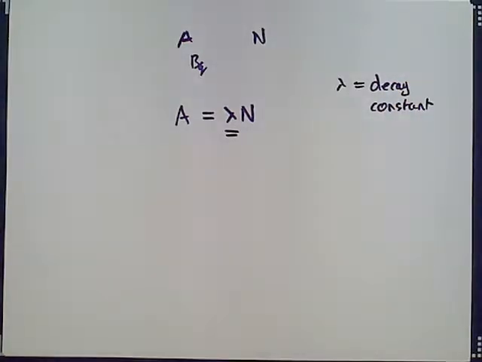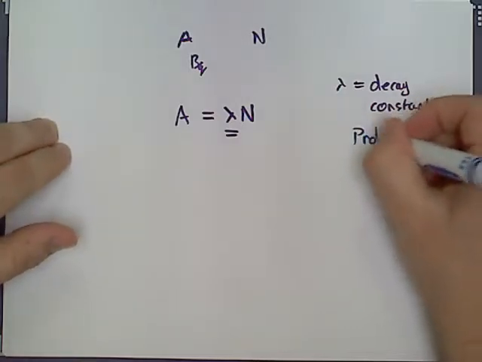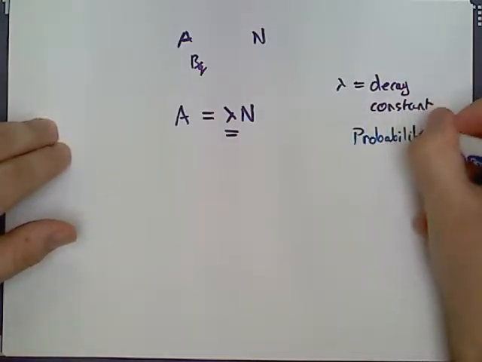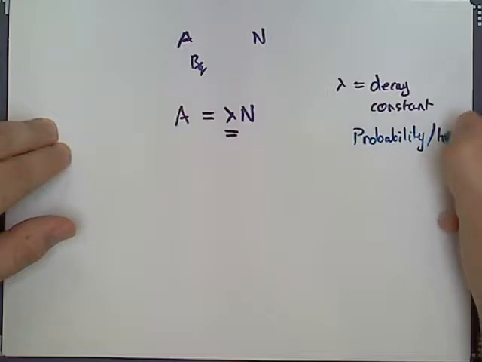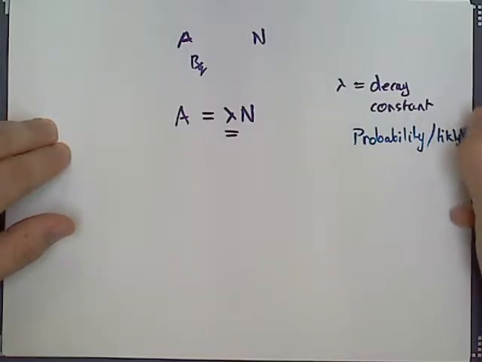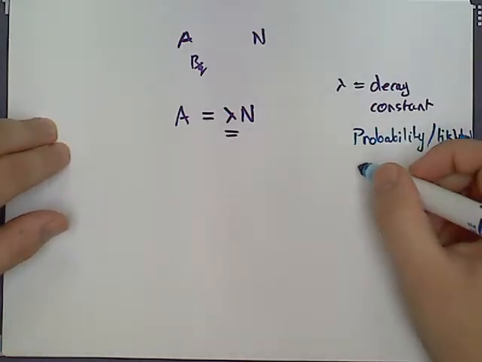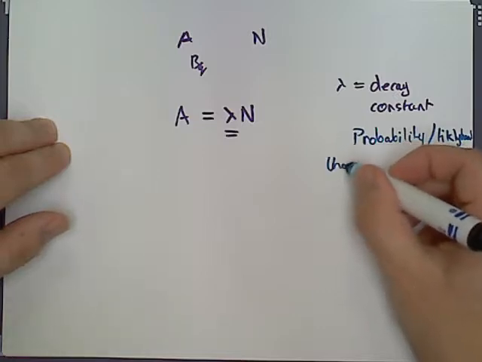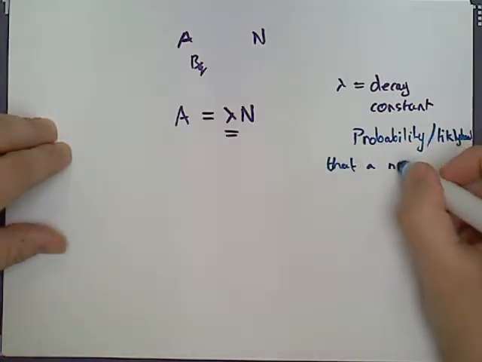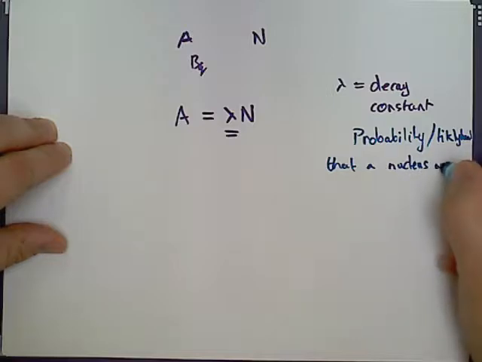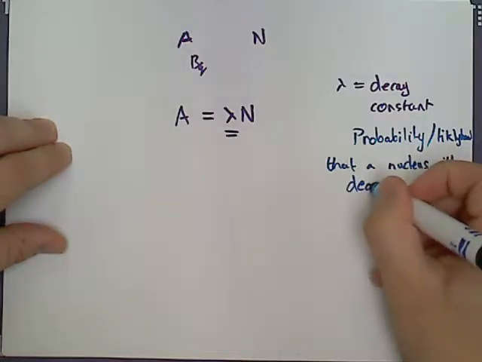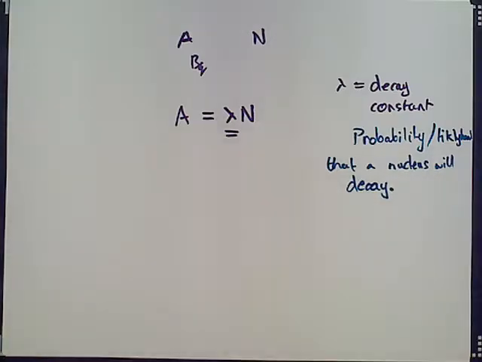That decay constant is a really important constant because effectively it is the probability or likelihood that a nucleus will decay.